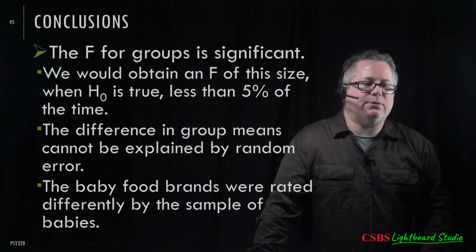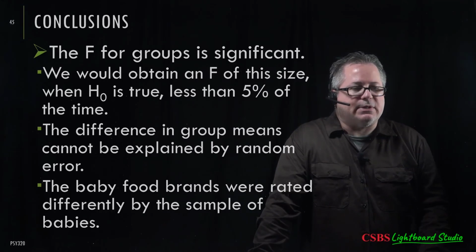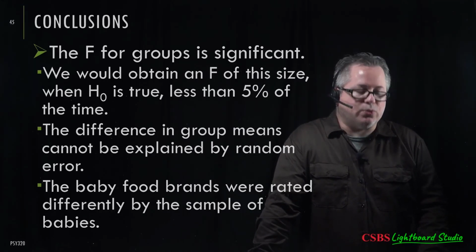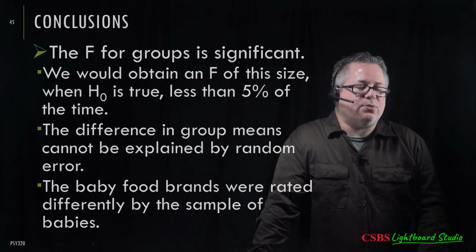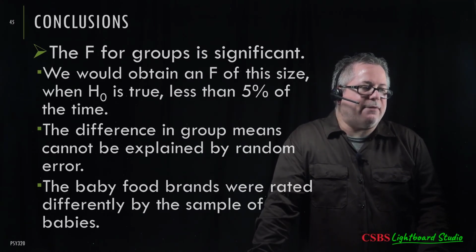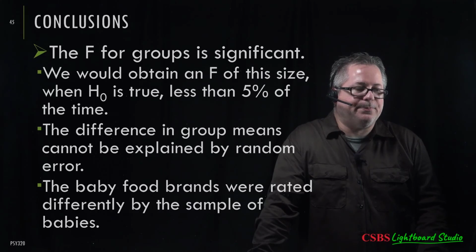The F for groups here is significant. So one way of seeing this is that we would obtain an F of this size when the null is true less than 5% of the time. If the null actually was true and the means were all equal, we would get an F value of this size less than 5% of the time.